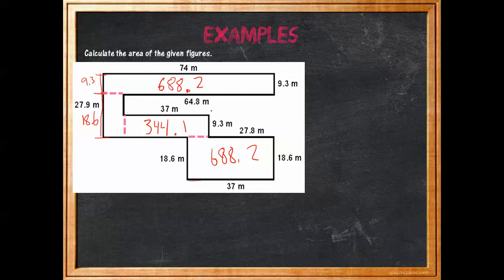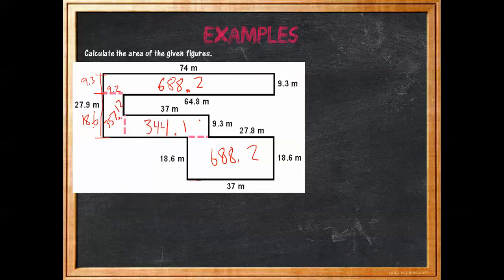So 74 minus 64.8 gives me 9.2. So now I'm going to take 18.6 times 19.2, and that gives me 357.12.